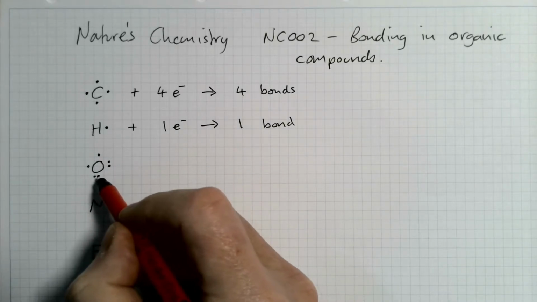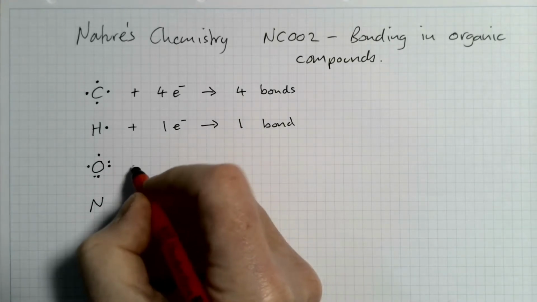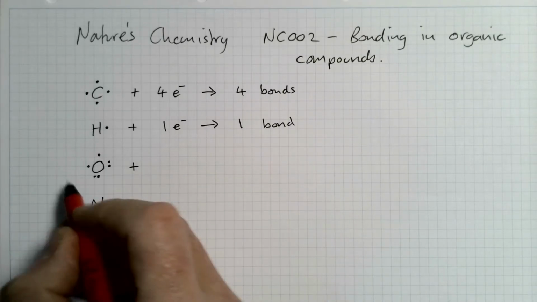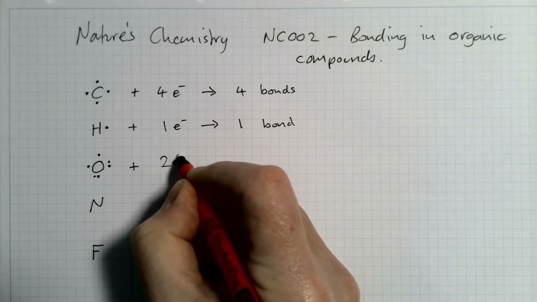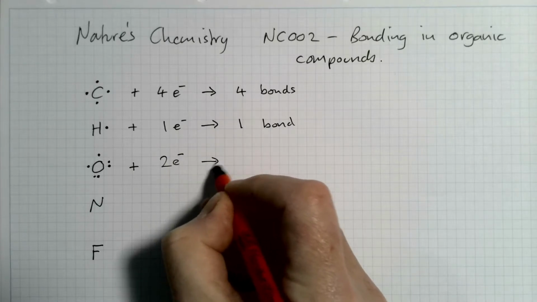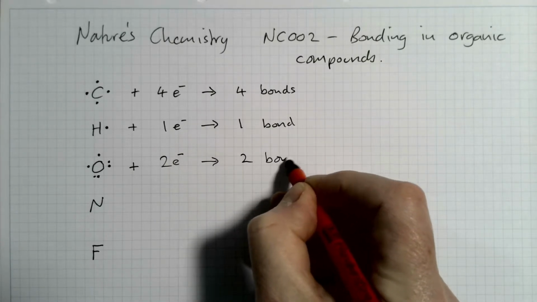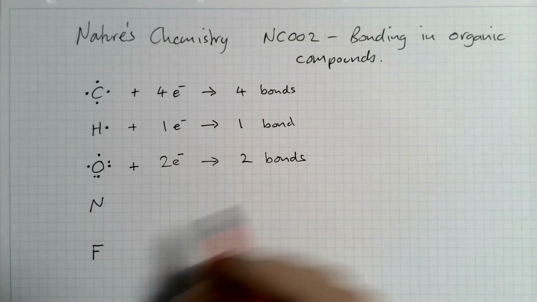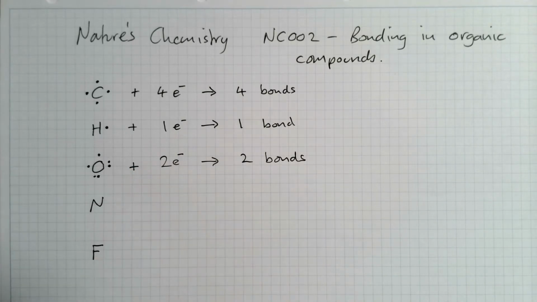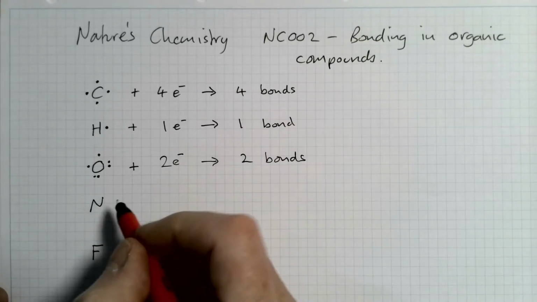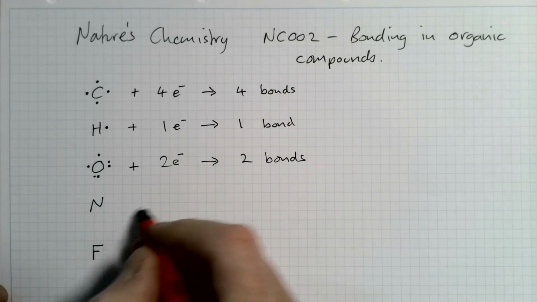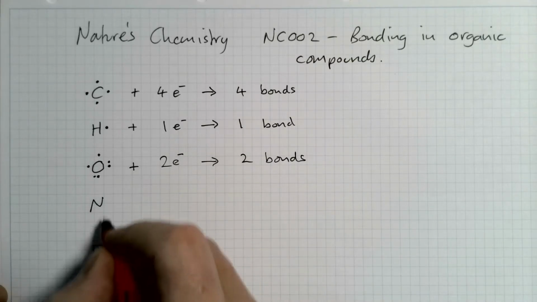The paired electrons don't get shared because they're already paired up. So we need to put 2 electrons here to get to the magic number of 8, and that will give us 2 bonds. Now these unshared pairs are important for the structure of oxygen when it makes covalent bonding. So we'll come to that in a later lesson.